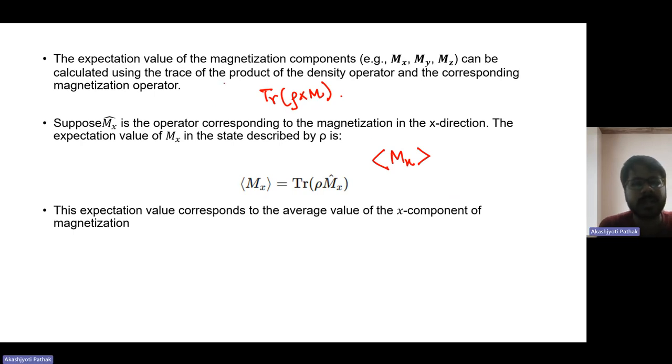So the trace of the product of the density operator and the corresponding magnetization operator. If the magnetization operator is our observable, then it will be the trace of the product of this magnetization and this density operator.